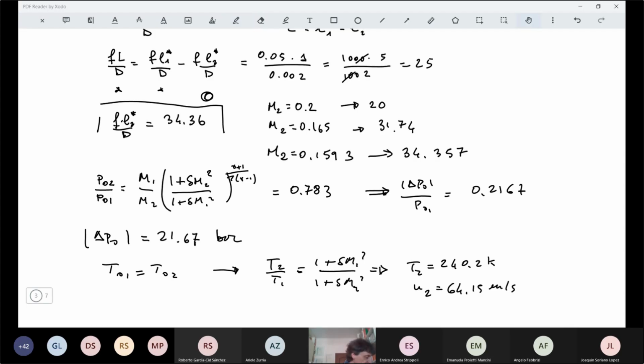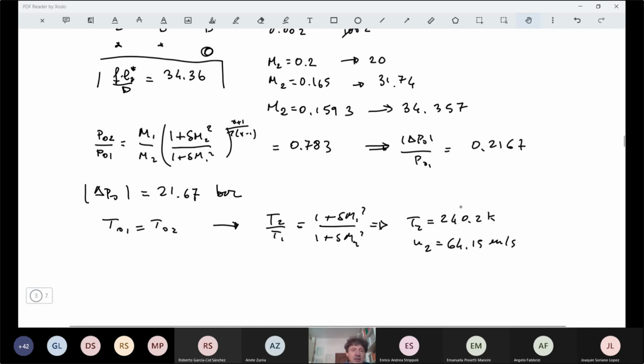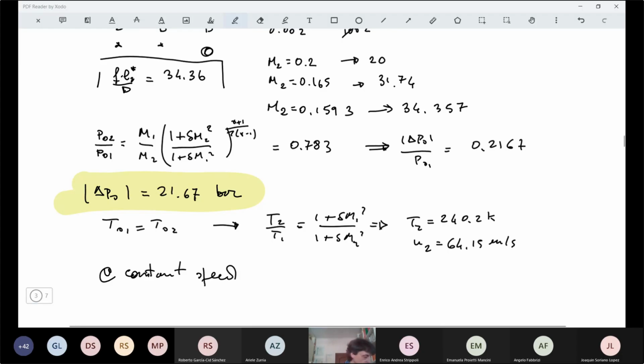And you can compare this result with the one that is obtained without considering compressibility effects, so considering constant speed. Instead of having this result here, you would obtain, let's say at constant speed, .25 bar.